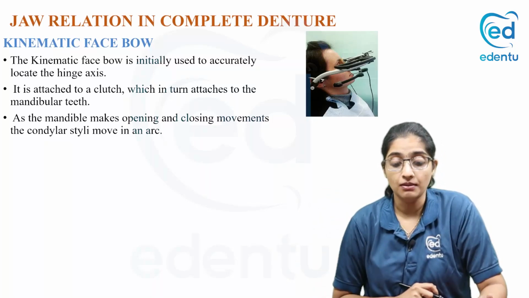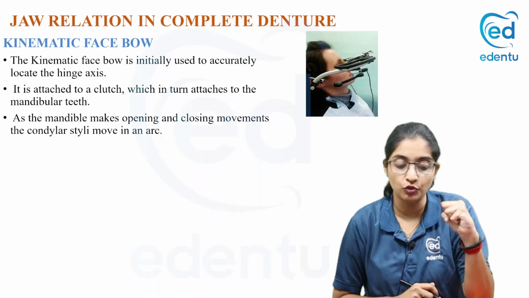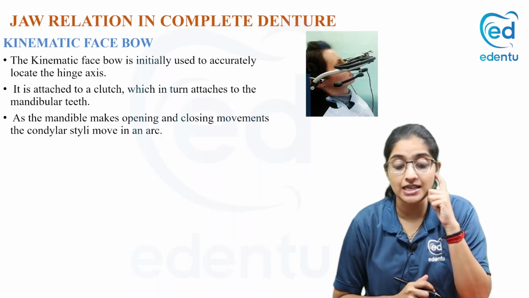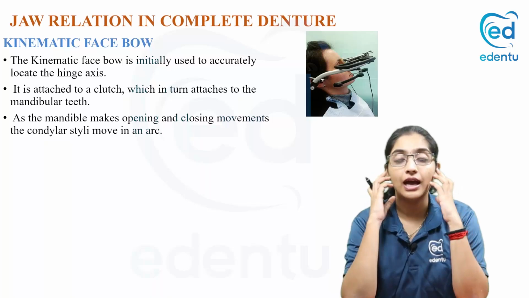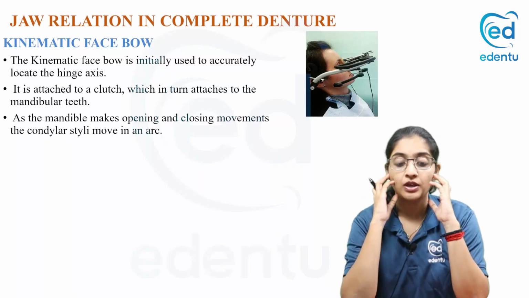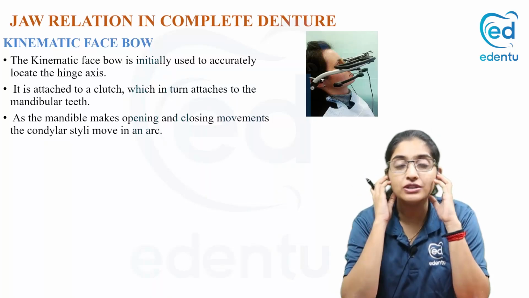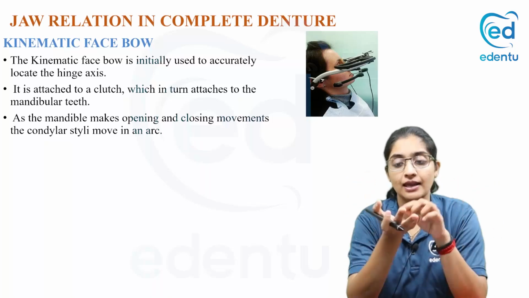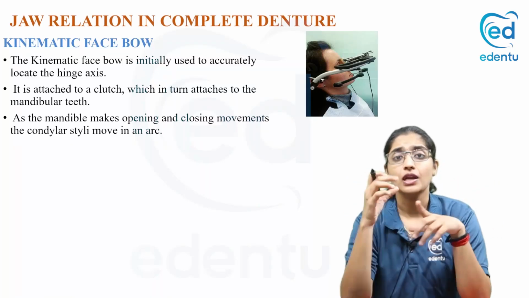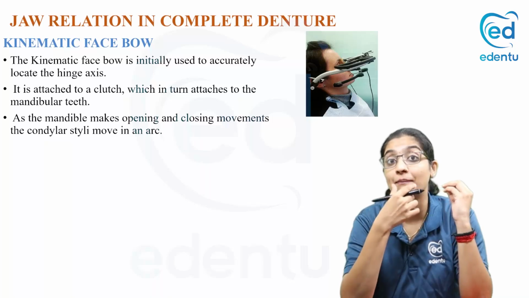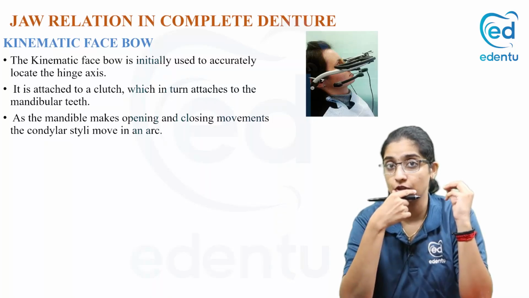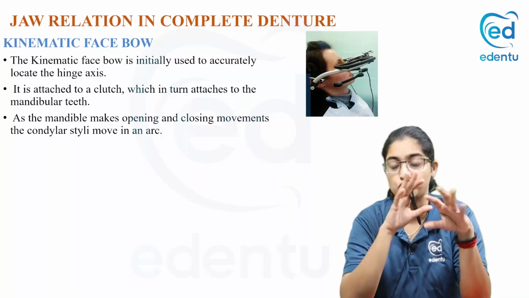As the mandible makes the opening and closing movements, the condyle has a styli which moves in an arc. So you have an earpiece which is attached to locate the hinge axis. To this earpiece, you have a styli and a paper attached. The major clutch is attached to the mandibular teeth, the lower arch.